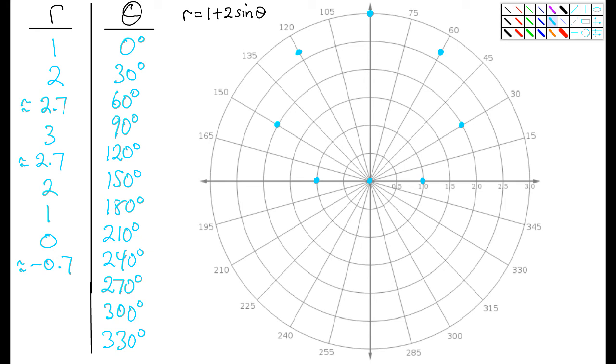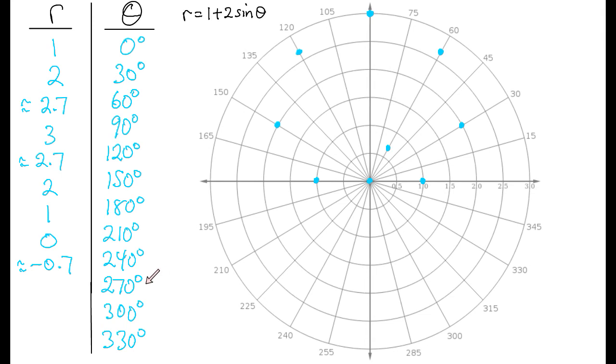Okay, so I'm going to plot that. Now, let's be careful here, right? Normally 240, our dot would be along this line right here, but because r is negative, that says go backwards, right? I'm going to go backwards to r is equal to 0.7, which is right around here where my arrow is. Okay, so that's right around here. There we go.